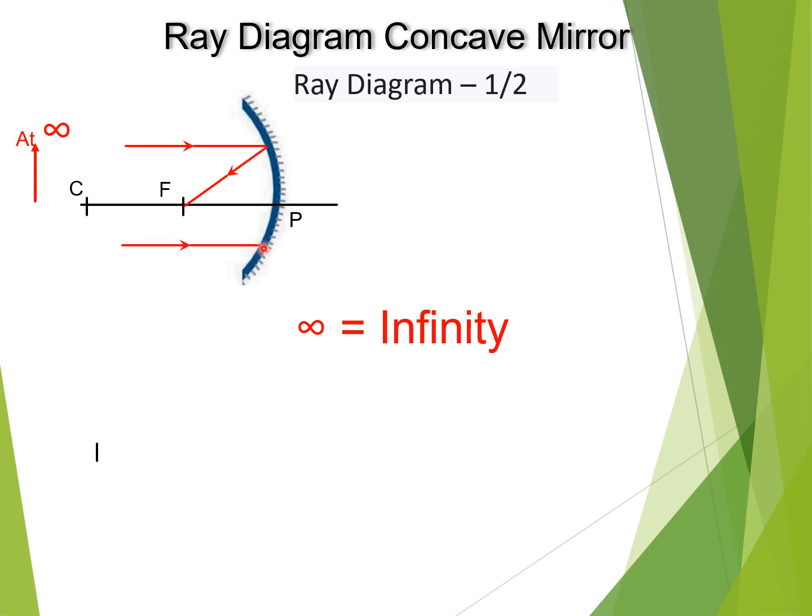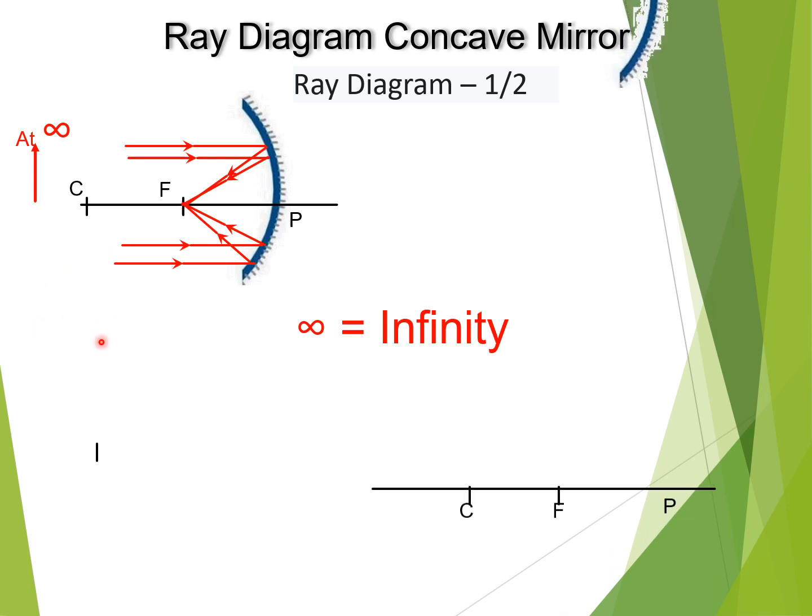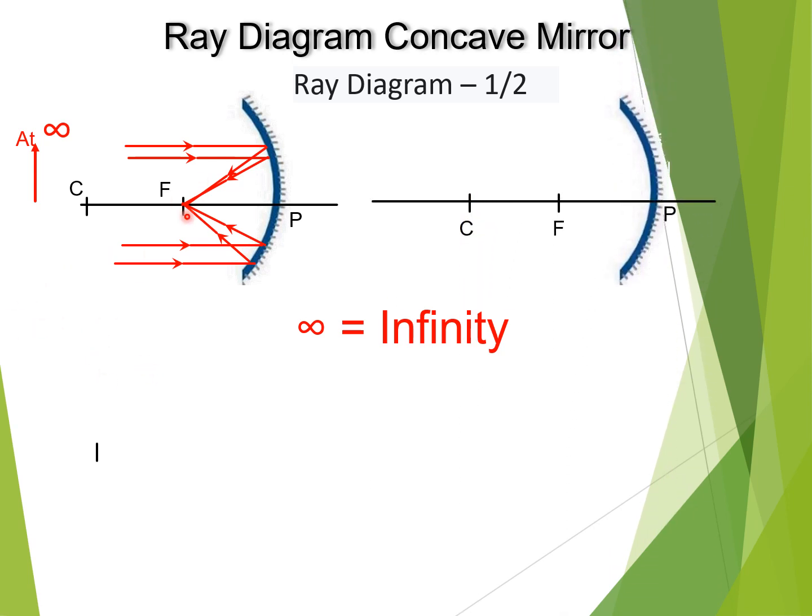This is another ray parallel to the main axis, and this shall also pass through focus after reflection. We can have 2 or 3 more rays; every ray which is parallel to the main axis shall pass through focus after reflection. So the image shall be formed at focus.